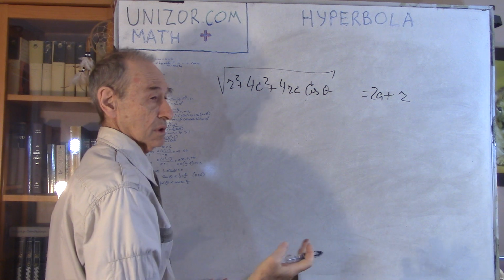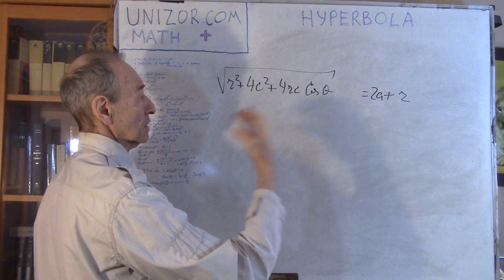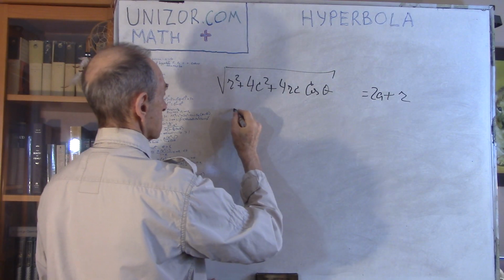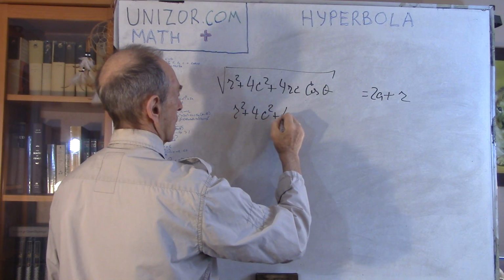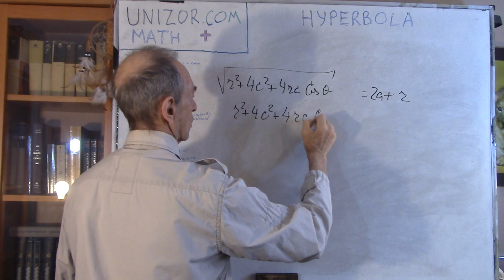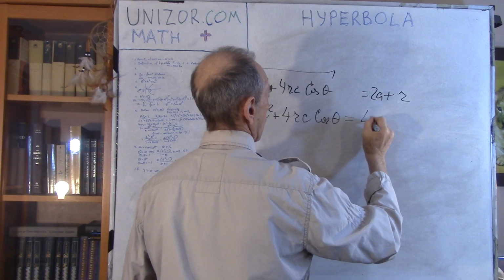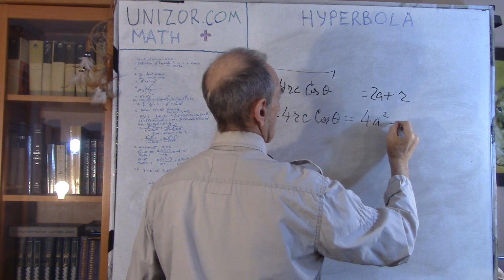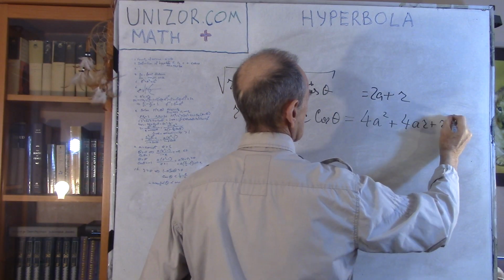There we have to square twice to get rid of one square root and then another. Here it's just once. So r squared plus 4c squared plus 4rc cosine theta equals 4a squared plus 4ar plus r squared.